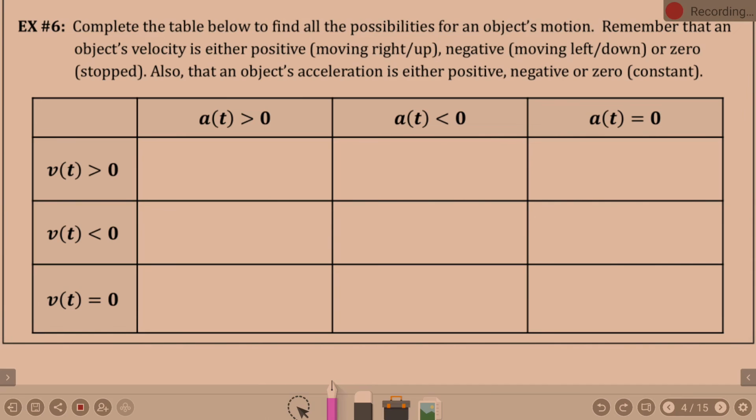What is the object doing? Moving in a positive direction. I'm looking for more than that. Think about signs here. They're the same sign. Same sign means what? What's my particle doing?